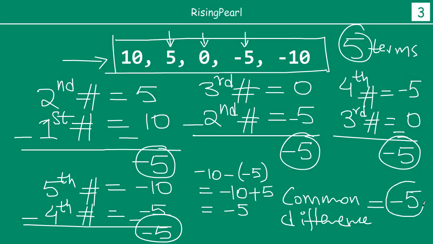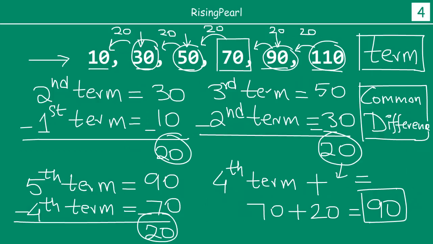So the common difference actually is a negative number, but it is fixed. It is the same throughout the series. The common difference is not changing. Very, very important to note that. The difference between any number and its previous number remains the same. So for this series, the common difference is minus 5. For the previous one, it was 3. And for the current one that we saw, the common difference is 20.